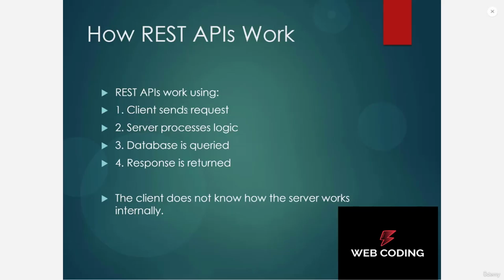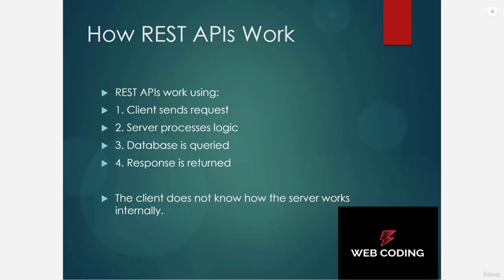We hit send, which sends the request, and then the server processes the logic and we get something from the database, or actually insert or update, based on our route or endpoint and our HTTP method.